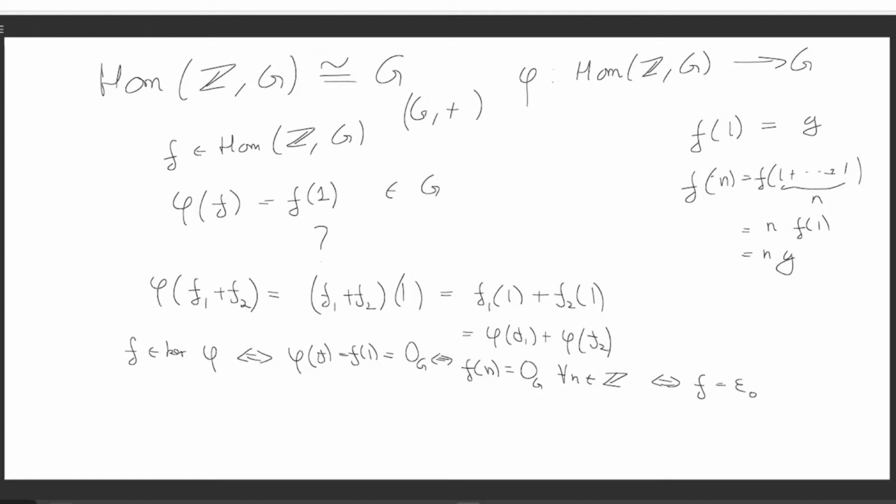And it's surjective because the order-divides condition doesn't apply here. So you can choose whatever element of G you want as f of 1. If you want a particular homomorphism that maps 1 to something in G, so if I take g in G, then definitely there exists a homomorphism here such that 1 maps to g. So therefore it's surjective. That's why it is isomorphic. Okay.